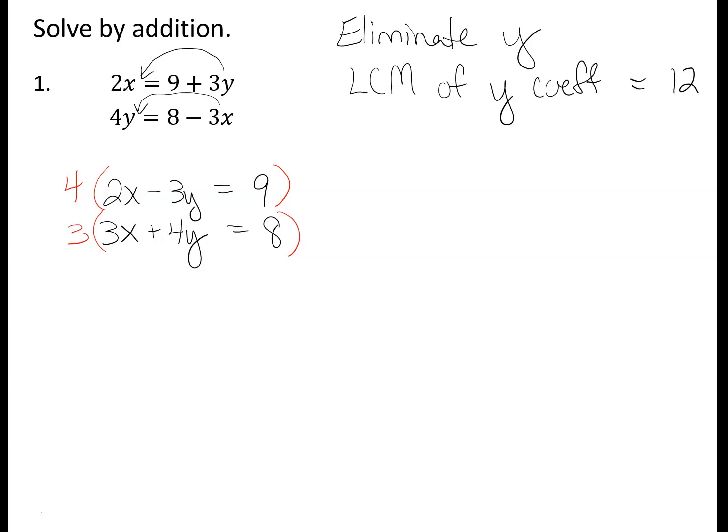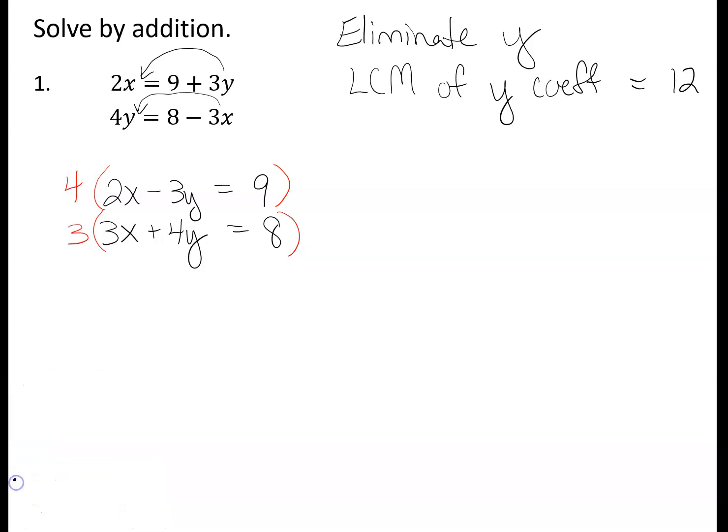I need them to be positive 12 and negative 12, but I don't have to worry about sticking signs on there in this case because since I've already got opposites, 4 times negative 3 is going to make that negative 12, and 3 times positive 4 is going to make that a positive 12. So the signs will be taken care of.